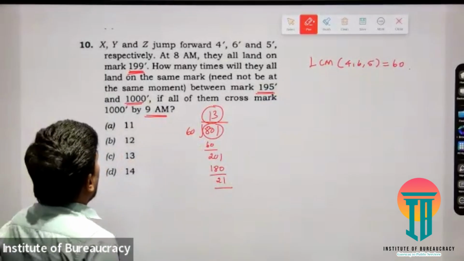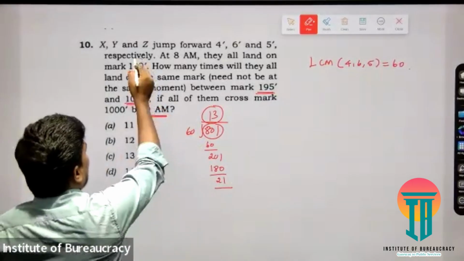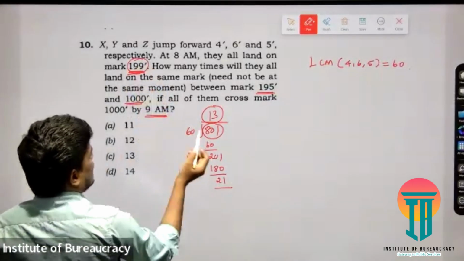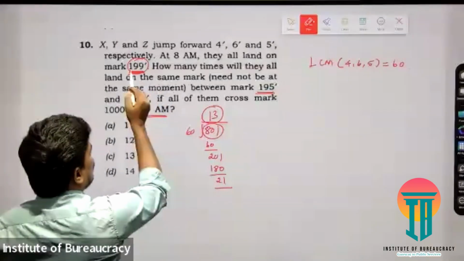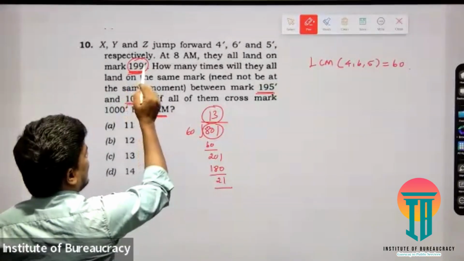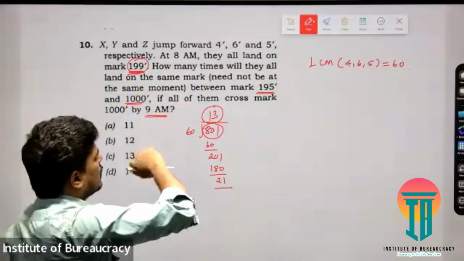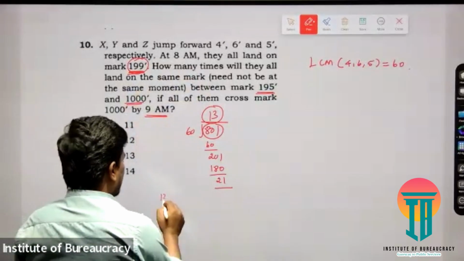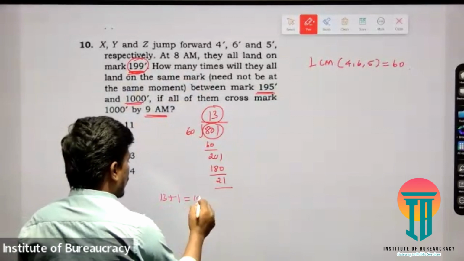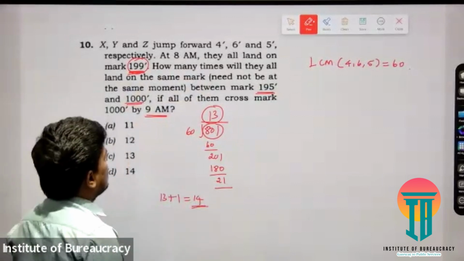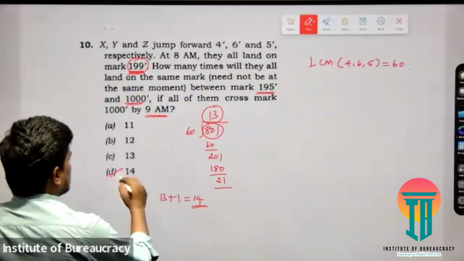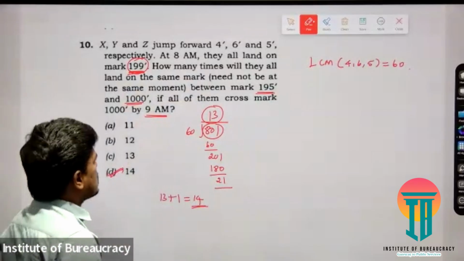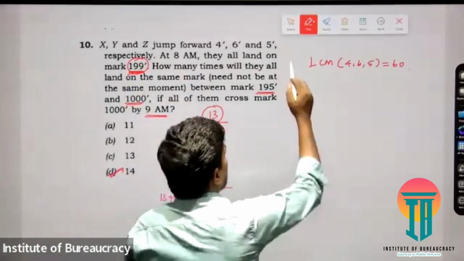Plus, in this 13, we have not included this 199 inch, where they all stand on the same one. So 13 plus 1, therefore 14 times they all stand on the same one. Therefore, the answer is 14. That's the answer for this question.